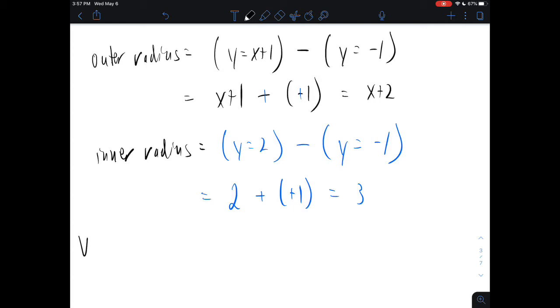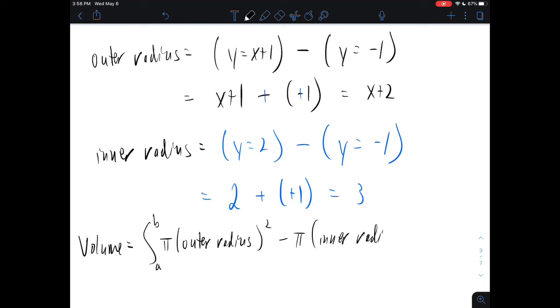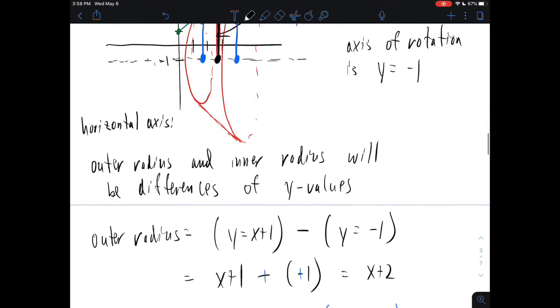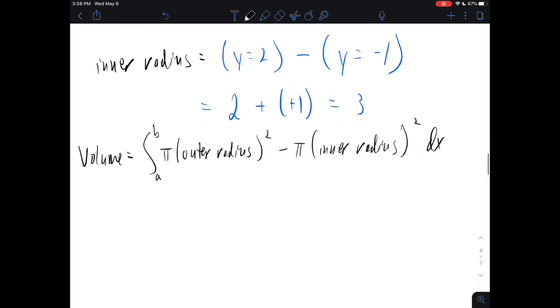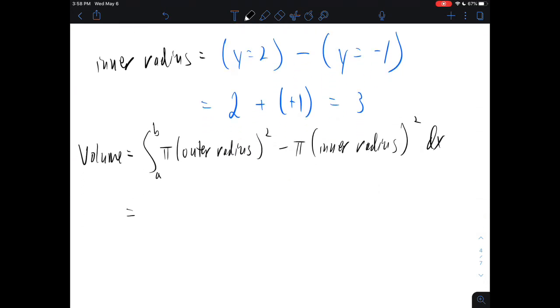So putting this all together, the volume is equal to the integral from a to b of pi times outer radius squared minus pi times inner radius squared, and then our independent variable here is dx. Another hint: if you have a horizontal axis, you are going to be integrating with respect to x. Okay, so then my limits are x equals 1 to x equals 4.